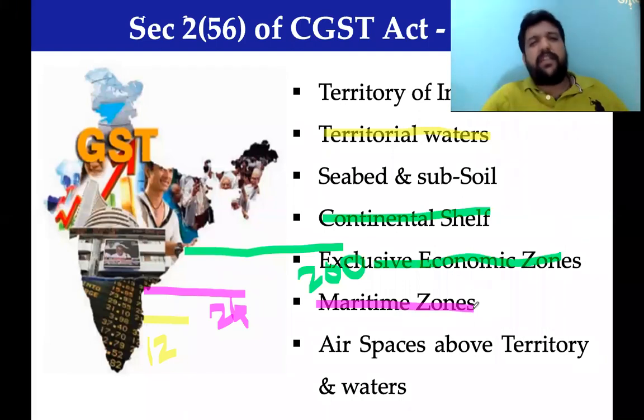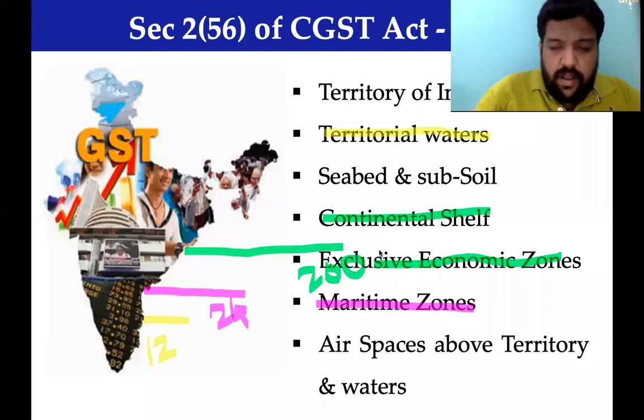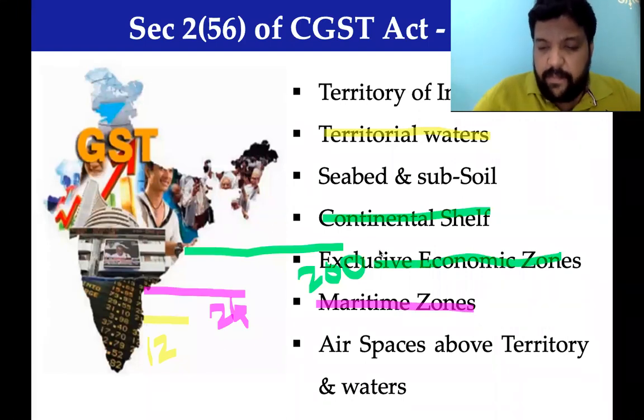The simple question that I'm going to ask you is, a company had its oil rig at the 142nd nautical mile.